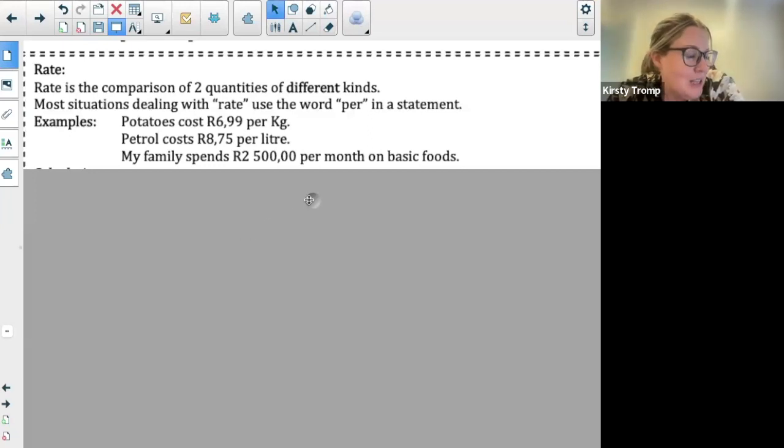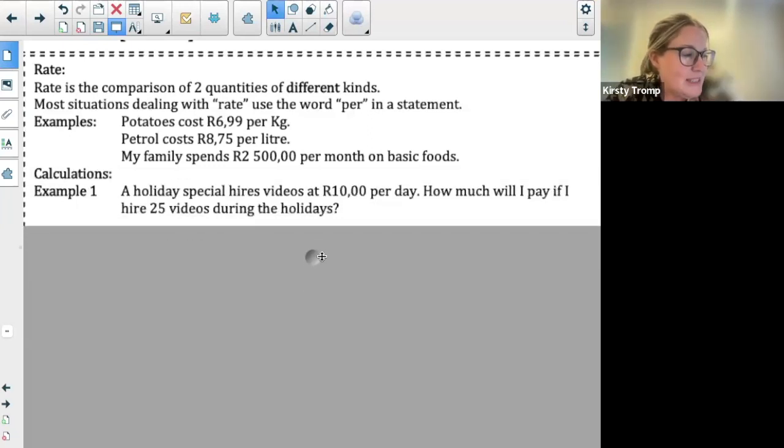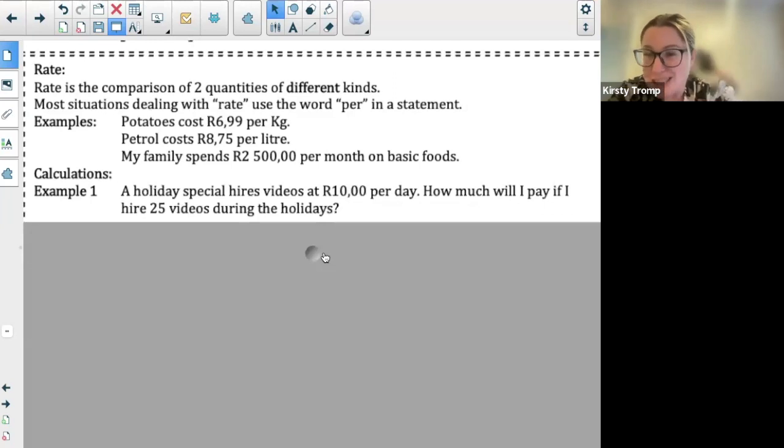Okay. So let's have a look at some calculations, at the kind of questions that you get when you're looking at rate questions. So remember, in the test or exam, like you've seen now in grade 8, it's never going to say to you in the test, these are rate questions, these are fraction questions. It doesn't say that in grade 8 anymore.